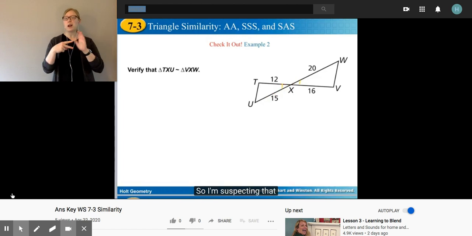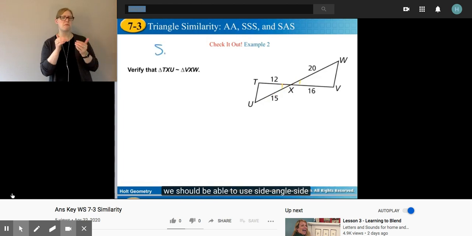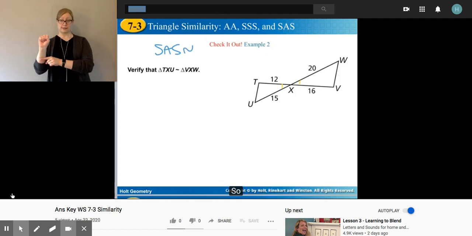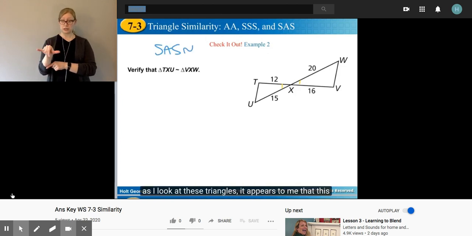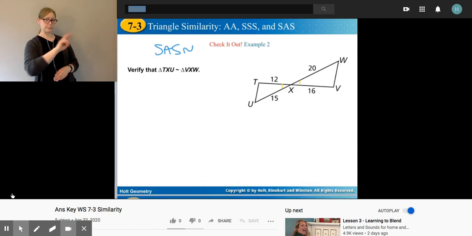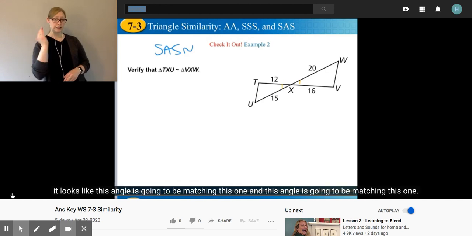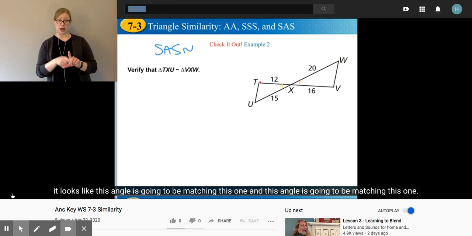So I'm suspecting that we should be able to use side angle side similarity to show these are the same. As I look at these triangles, it appears that this angle is going to be matching this one, and this angle is going to be matching this one.